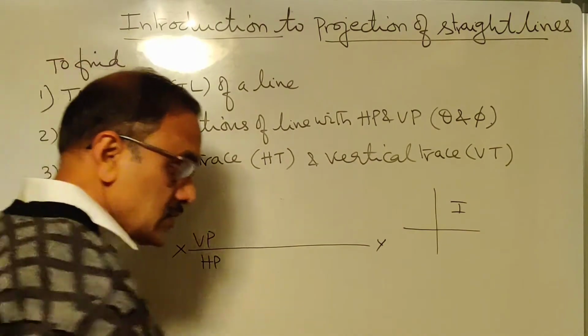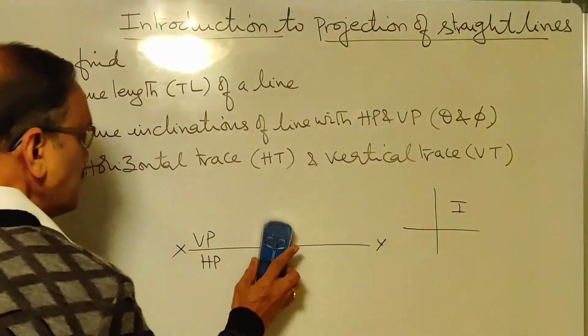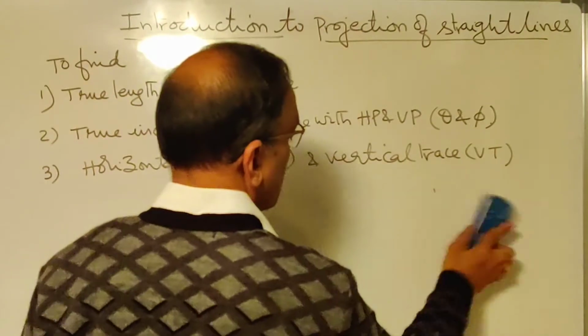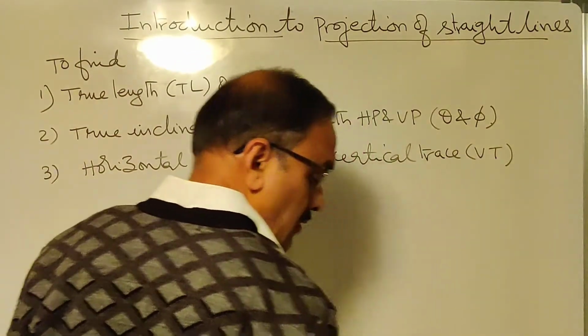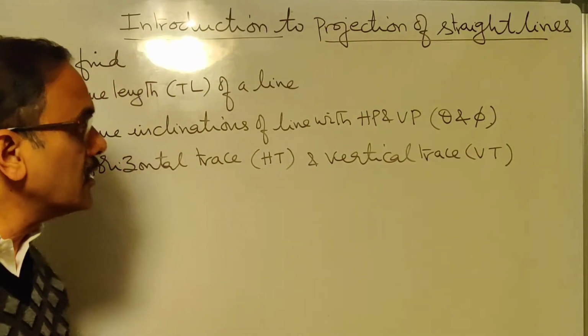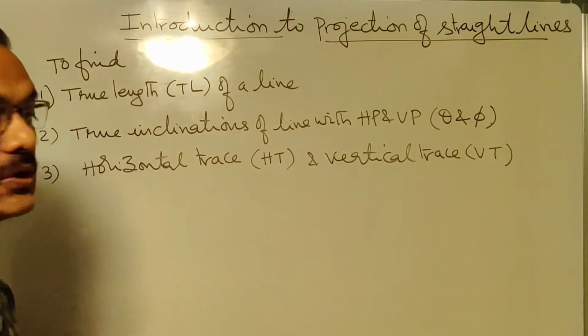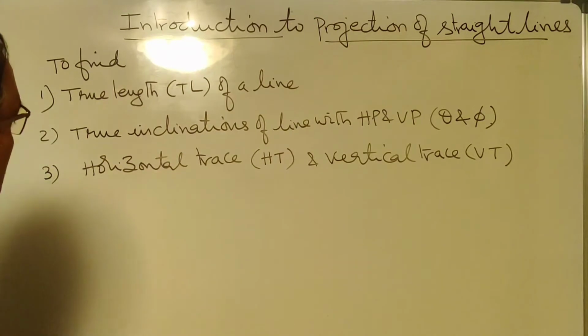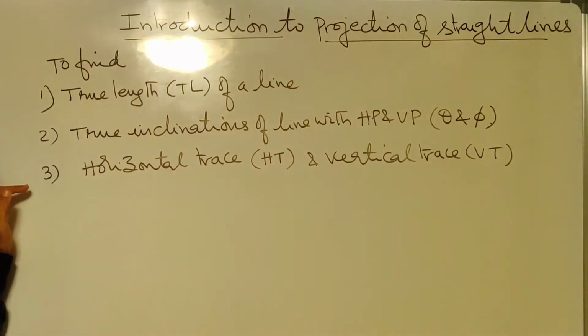Now having understood that, what is that we are going to do in the introduction? I am just giving an introduction to projection of straight lines. We are going to find three things for a given position of line.